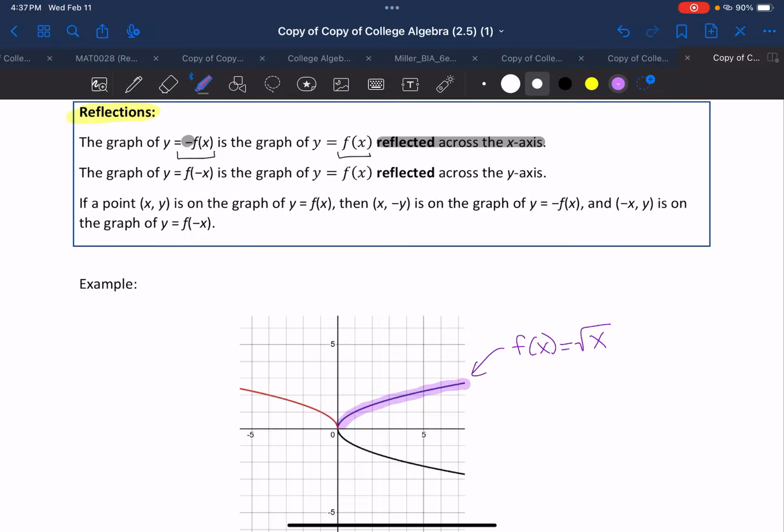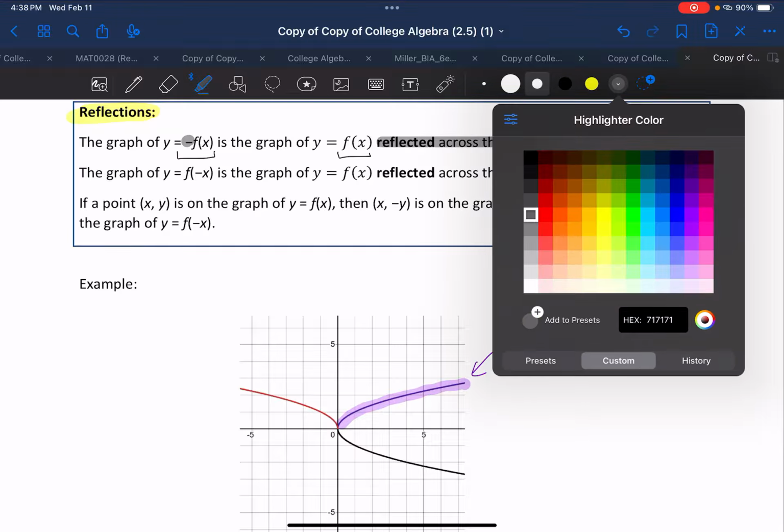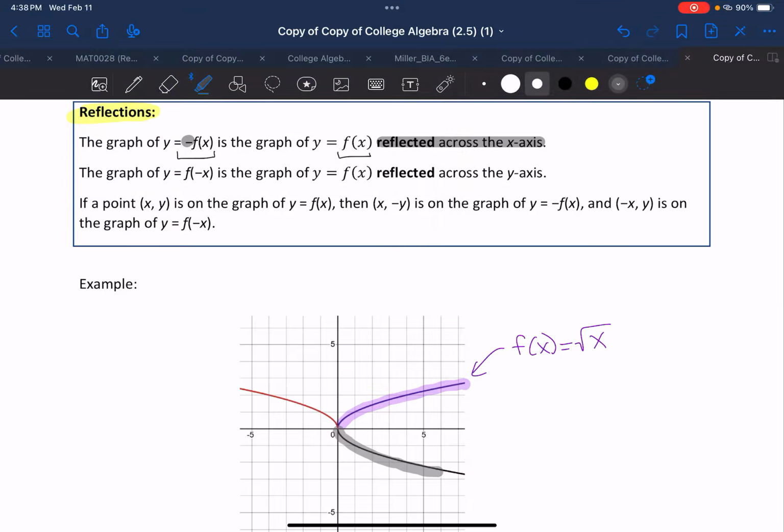And so the one below it has been reflected over the x-axis because all those points went over the x-axis. And so that function is equal to negative f of x, which is equal to negative square root of x, since square root of x was our base graph in this example.